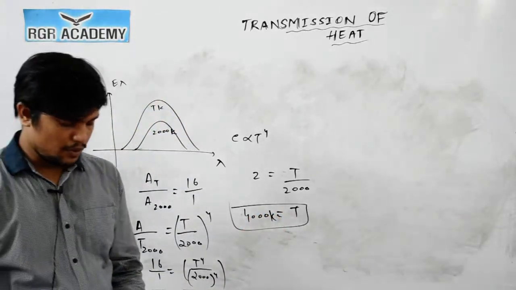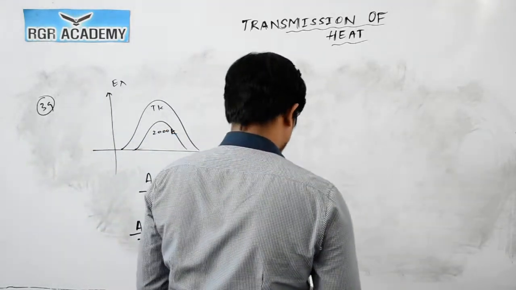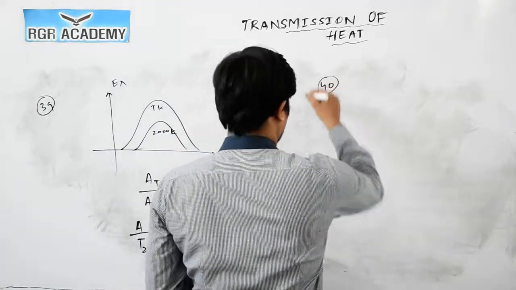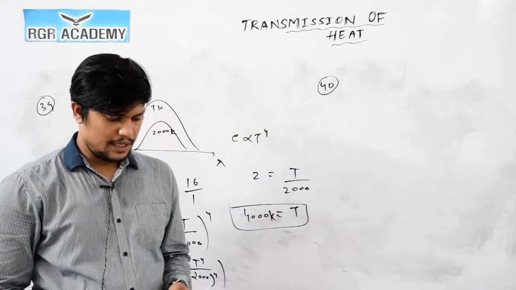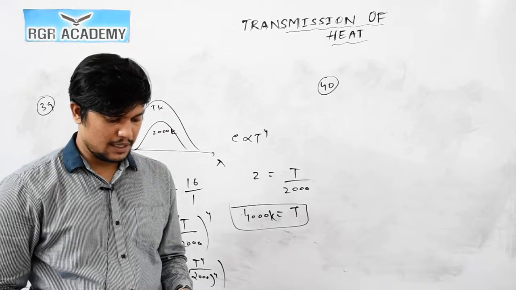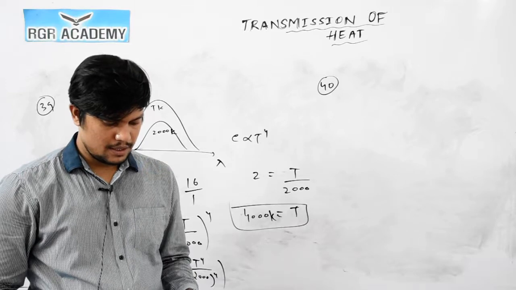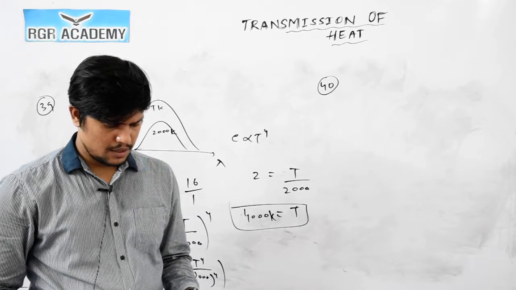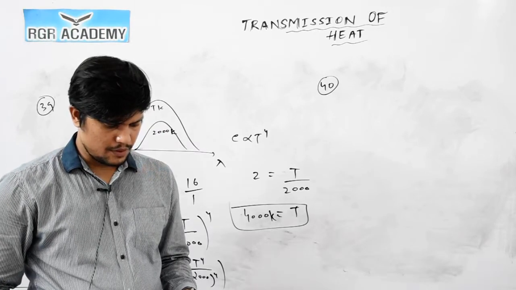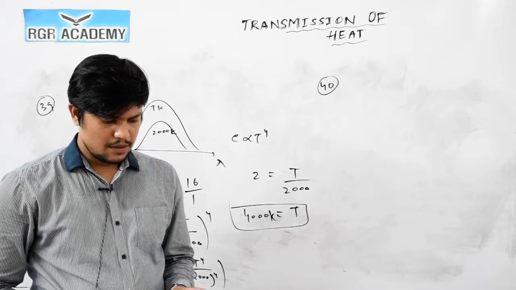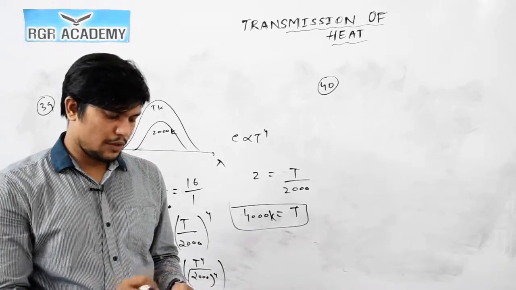Now we will move on to question number 40. Which of the following circular rods of given radius r and length L, each made of the same material and whose ends are maintained at the same temperature, will conduct the most heat? The rods are not shown, so actually from the options we have to check.